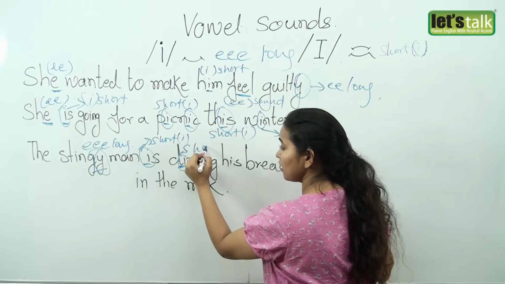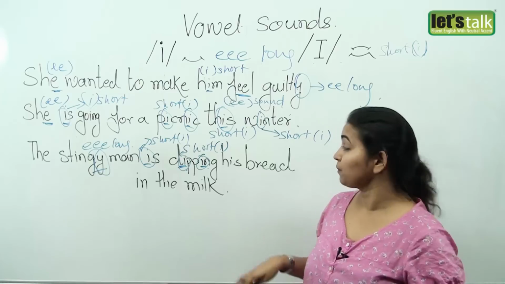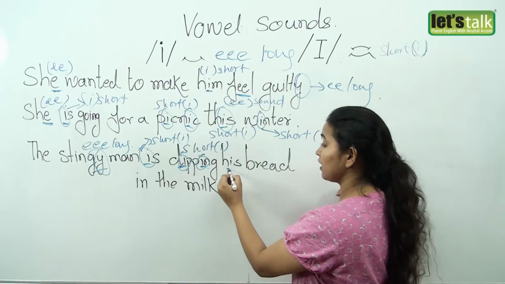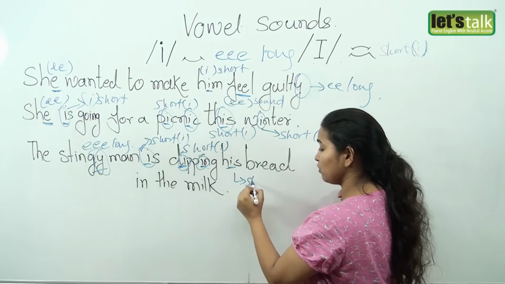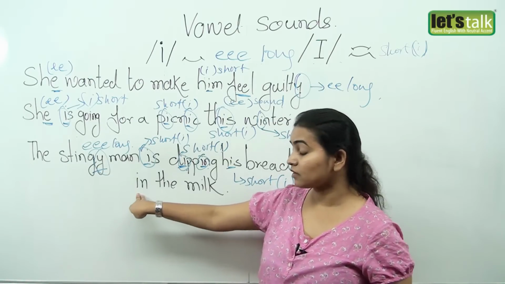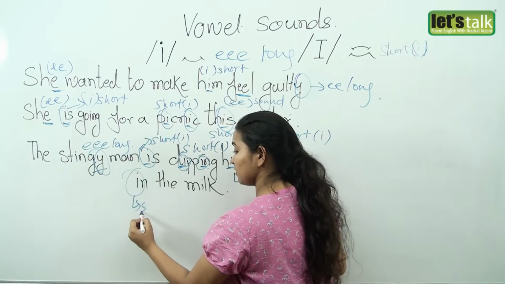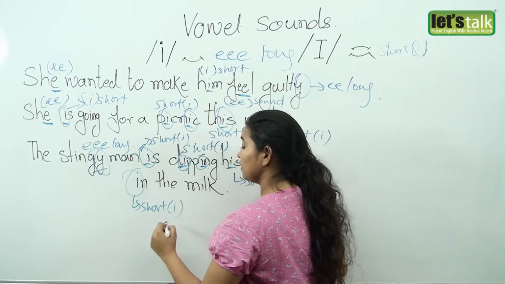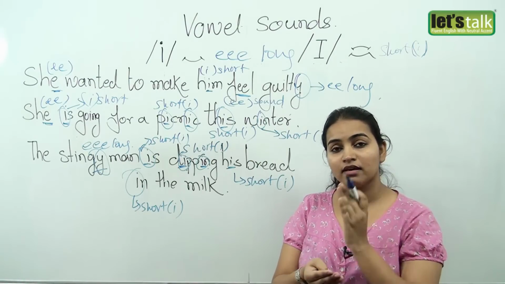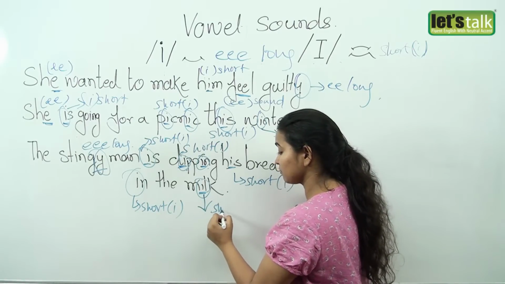That is your short I sound produced by both the I's in the word dipping. His, is, his. Again, your short I sound. His bread in, the I sound. In the milk, a short brief word with the I sound produced by the I again in this word.